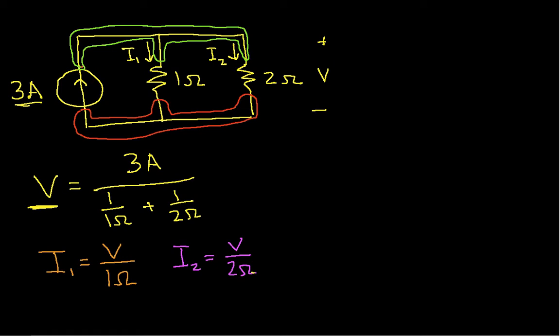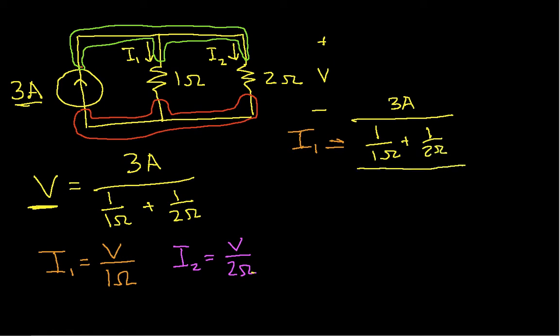So let's start with I1. We have I1 is V, which in this case is 3 amps over 1 over 1 ohm plus 1 over 2 ohms, and this whole thing is divided by our 1 ohm. How on earth are we going to do this?